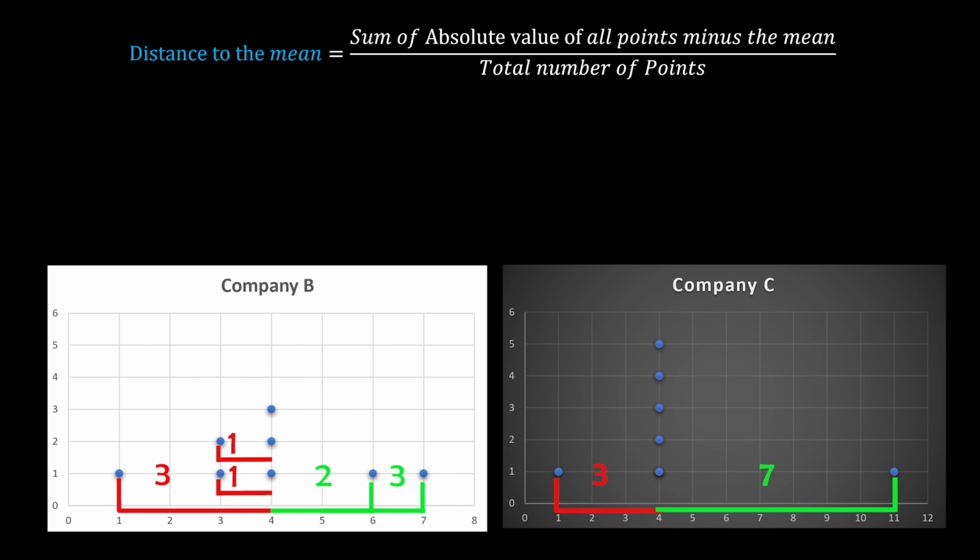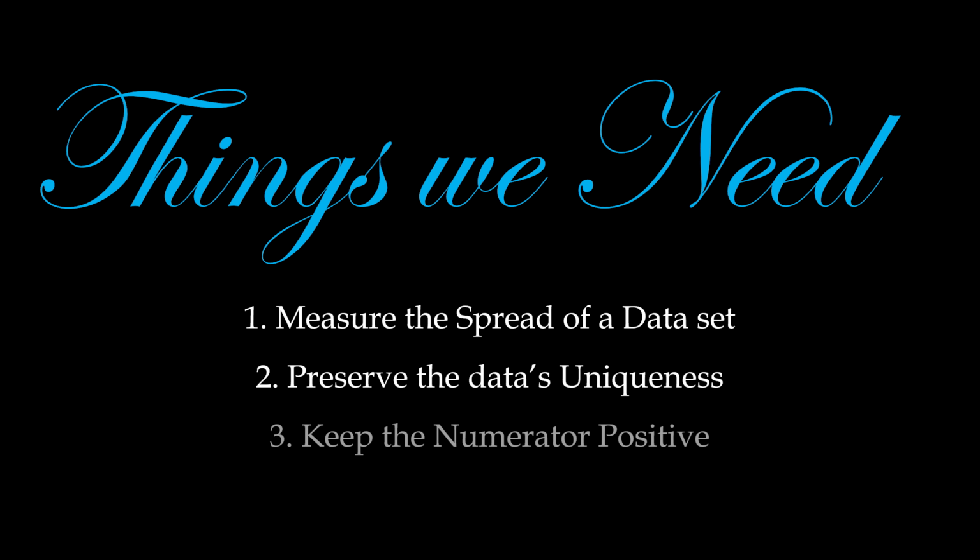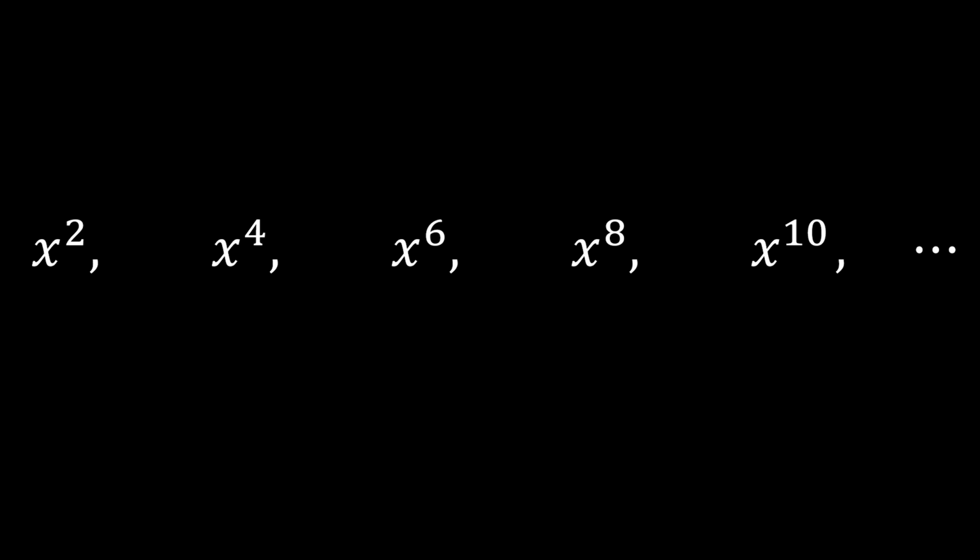So let's recap what we want. We want to measure the spread of a data set while preserving its uniqueness and keeping our numerator positive. The only other way I can think of to make any number positive is to raise each number by an even power. Let's use the simplest of these, the square.